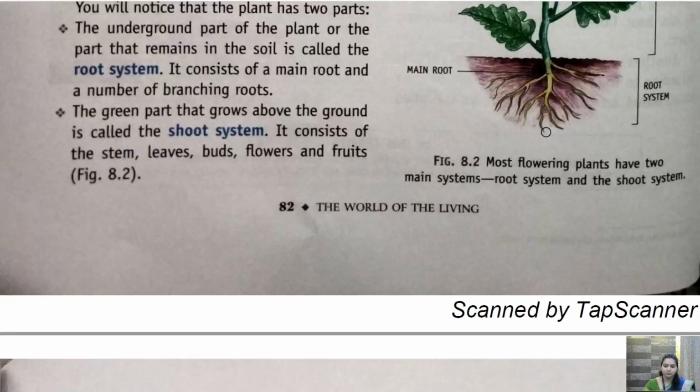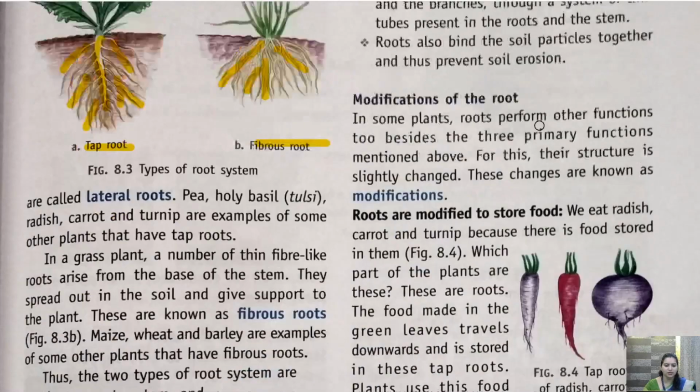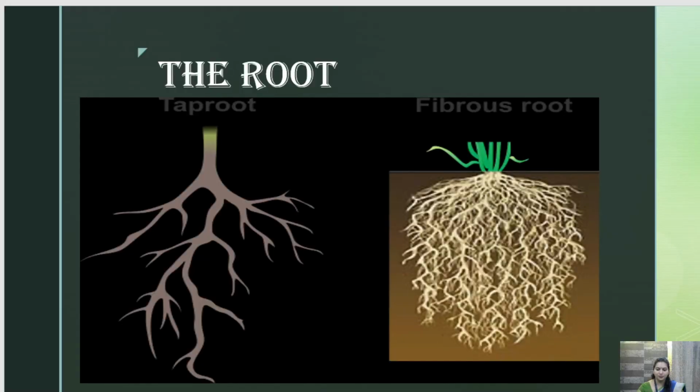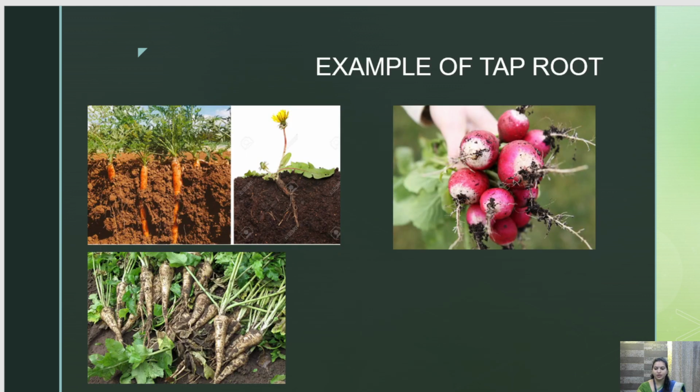Let's see what are the examples of taproot and what are the examples of fibrous root. So coming back to the figure, let's see a few examples. Taproot. As you can see in the figure, we have radish, carrot and turnip.